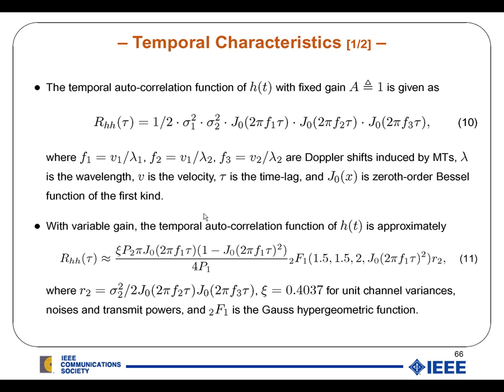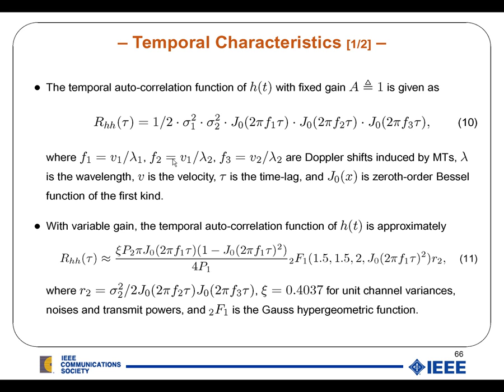As for the temporal characteristics, in the case of the transparent relaying channel, we now have three Bessel functions here, which stems from the fact that my relay terminal moves. It receives the signal at the frequency with wavelength lambda 1, and it moves with the speed v1, therefore causing a Doppler f1, which is reflected in this coefficient here.